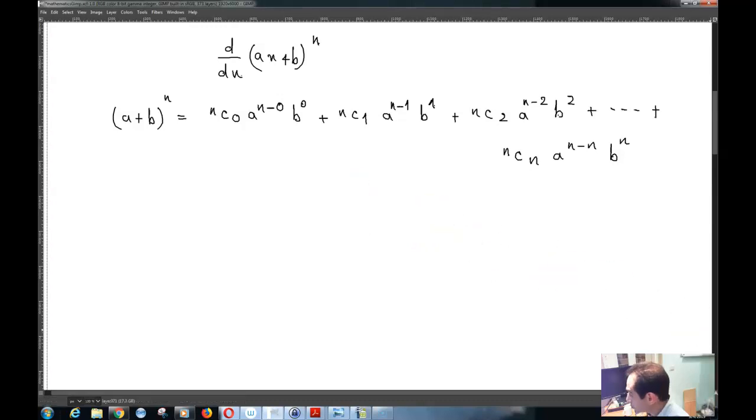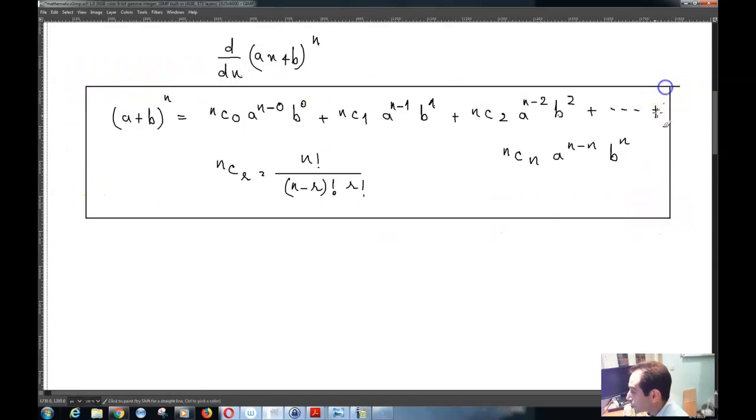Of course I cannot get into that right now, but this is the binomial theorem, and based on it, the expansion of a plus b raised to the power n is going to be equal to this, where n combination n is equal to n factorial over n minus n factorial, and n combination r is equal to n factorial over n minus r factorial times r factorial. That is the binomial theorem.